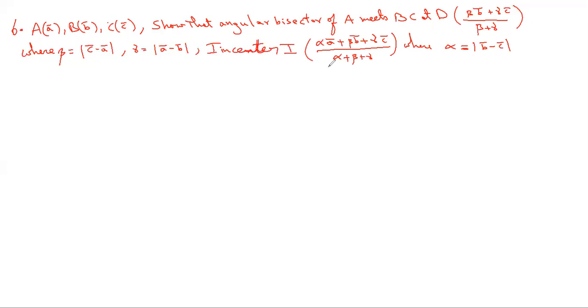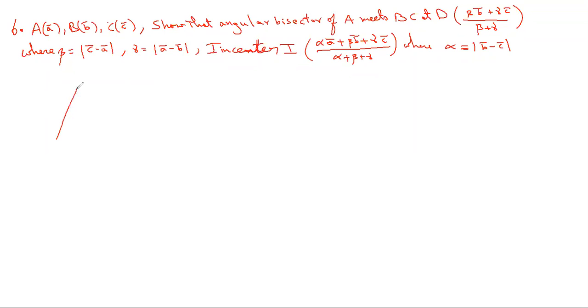Basically, they're just asking that the fact that the angular bisector divides the base in the ratio of the other two sides. So directly you can use the formula from lower grades and then convert that into vector notation.